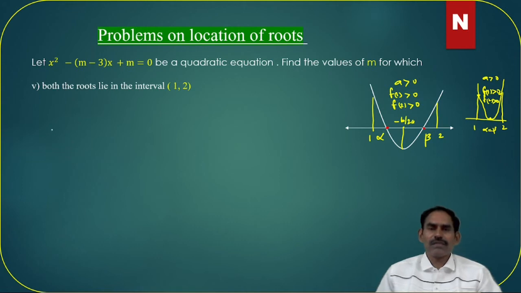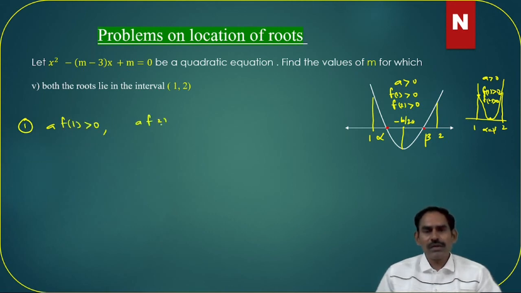So condition 1 is a into f of 1 is greater than 0, comma, a into f of 2 is greater than 0. Here we may be forced to write this condition also: f of 1 into f of 2 is greater than 0 in both the cases.